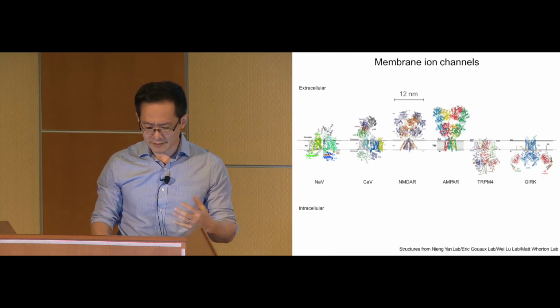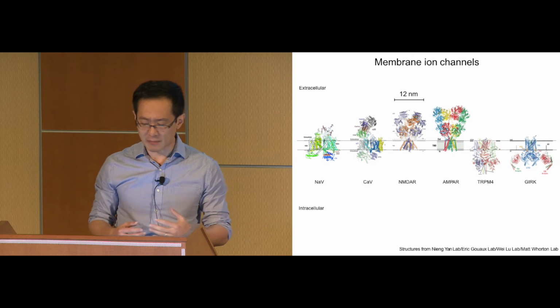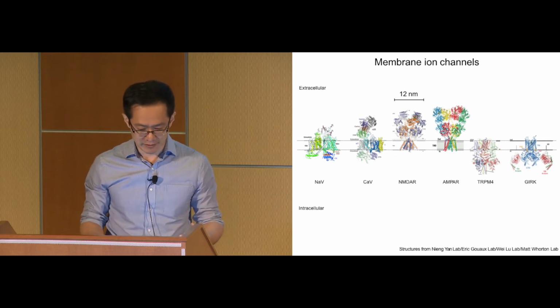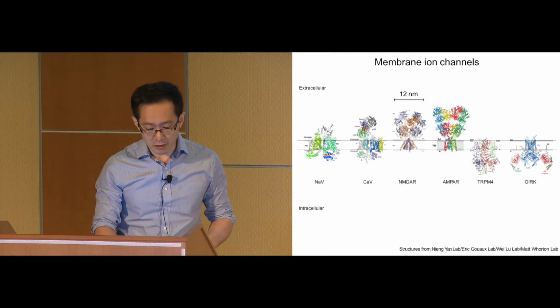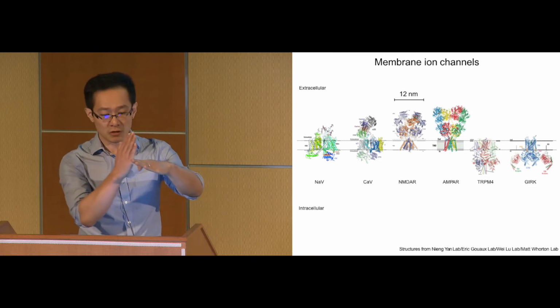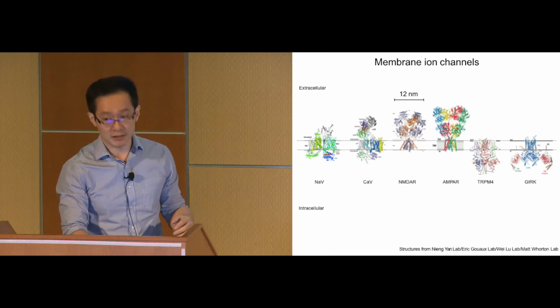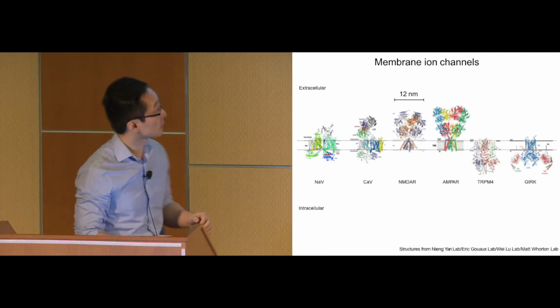You can see these ion channels typically have a diameter of around 10 nanometers and look pretty complex. Let me orient you to the part where the ion channel goes through the membrane, which is called the transmembrane domain.